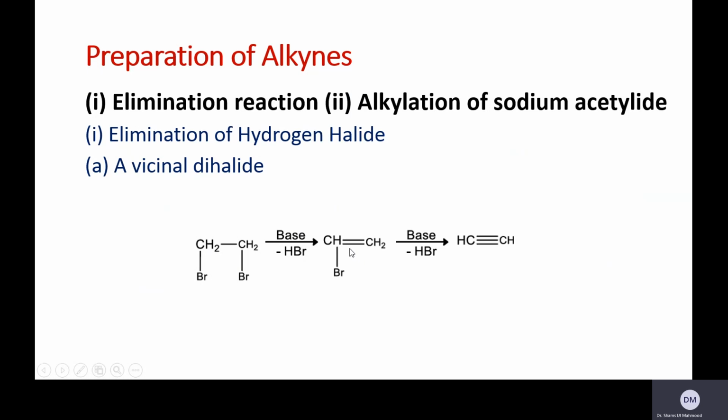In the next step, the base reacts again and removes HBr, Br from the alpha carbon and hydrogen from the beta carbon, and we get the triple bond. It means the vicinal dihalide is converted into the alkyne in two steps. In the first step, removal of HBr gives a double bonded molecule, and then again removal of HBr gives the triple bonded molecule, the alkyne.